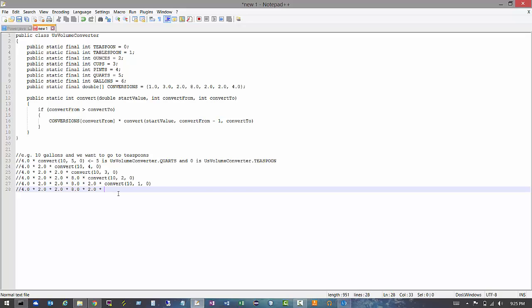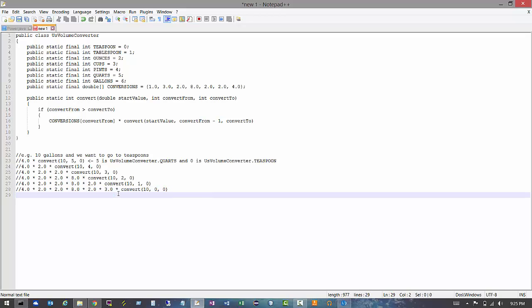1 is greater than 0. So we pull the conversion factor at 1 and we multiply that times a call to convert with the same base, 1 less on the from and the same 0. 4.0 times 2.0 times 2.0 times 8.0 times 2.0 times 3.0 times the answer to convert 10, 0, 0.